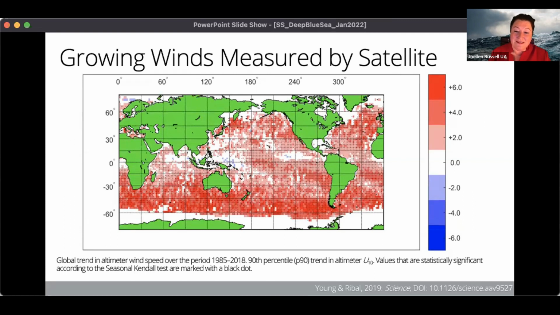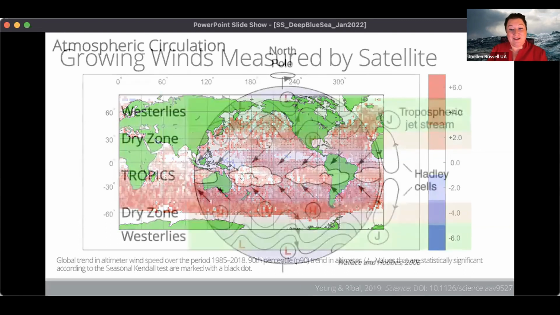What you'll see is there's only a few blue dots out here in the middle, over by Papua New Guinea. The whole rest of the world in the ocean is windier. Windier means more stirring. More stirring means more mixing. More mixing means more CO2 could come right back out. Now, at the moment, more is going in, but that could change.